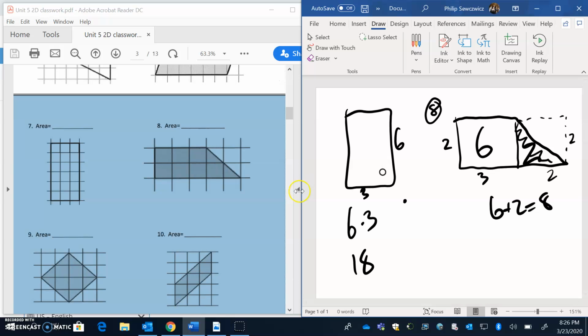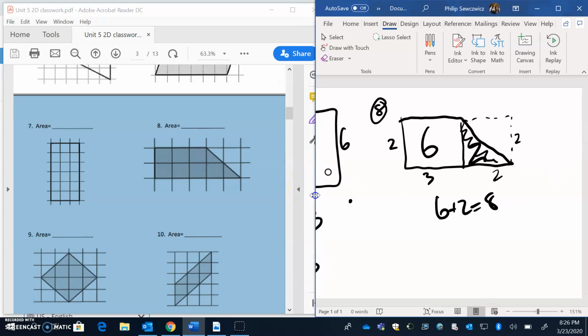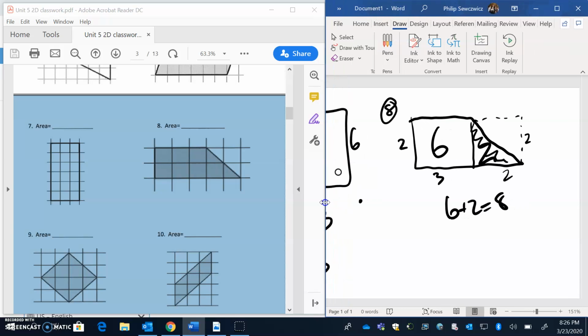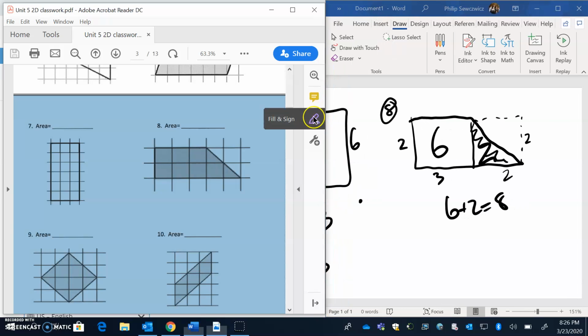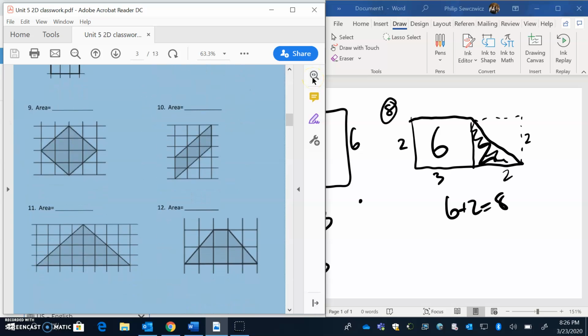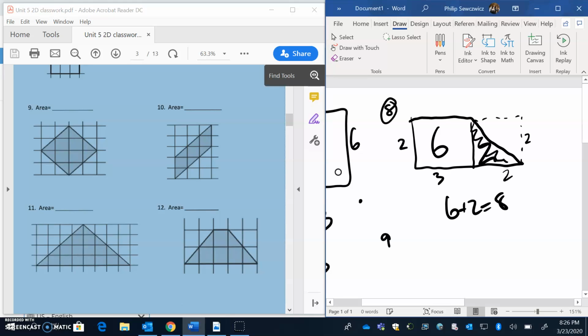So again, if they are crisp and clean like that, then we can certainly make use out of it. Question number 9 is going to do the exact same thing, where the visual aspect is going to help you out tremendously because we can just count.